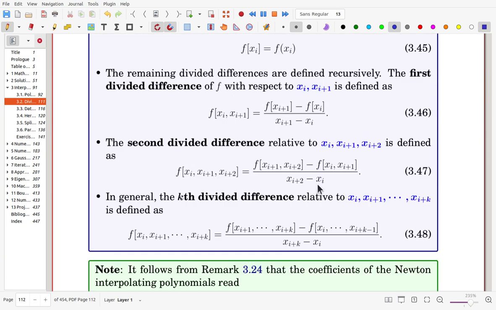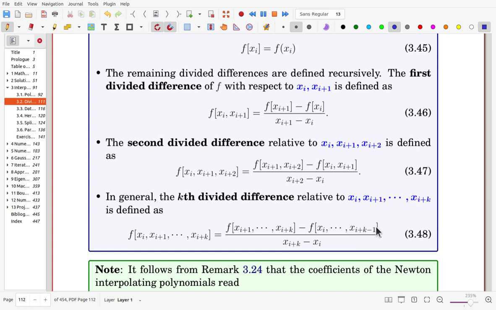We recursively define the general order divided difference with respect to xi to xi plus k. The bottom is the last point minus the first point, and on top, in one term xi is missing, and in the other term the last point xi plus k is missing.